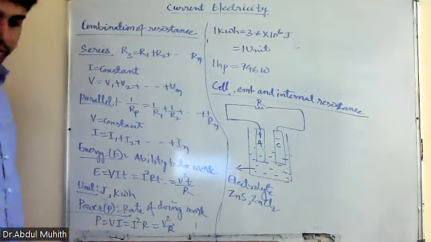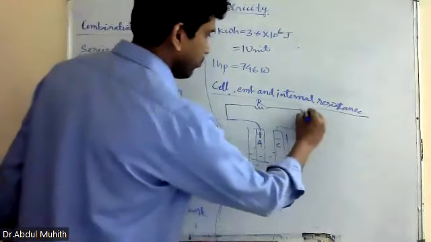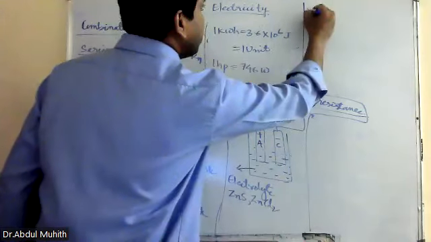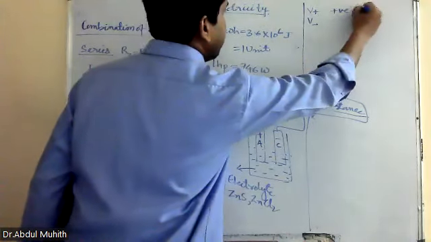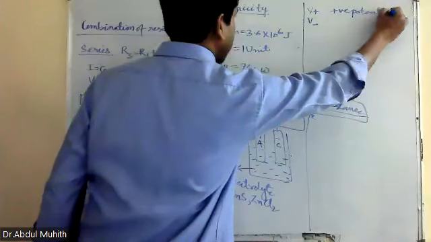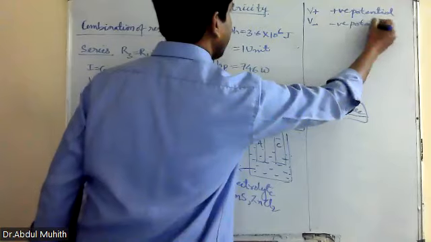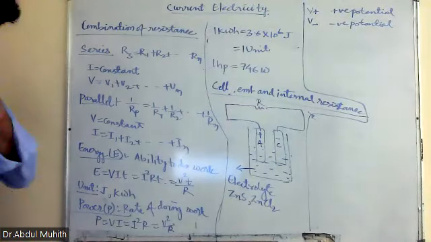Now what happens is the potential at this positive electrode is known as V plus. V plus is the positive potential and V minus is the negative potential. When we speak about one plate or one electrode, then we are speaking about potential. When we speak about both of them together, then it is potential difference.